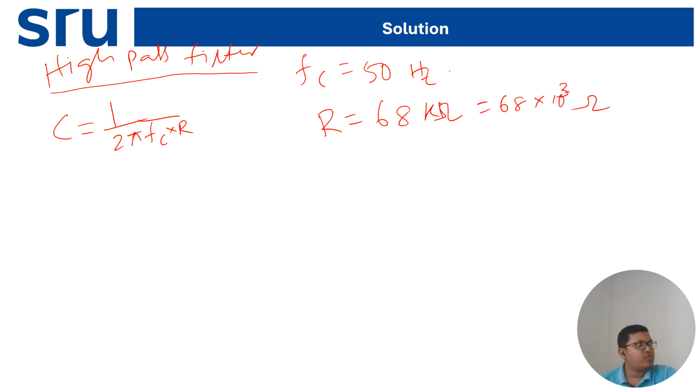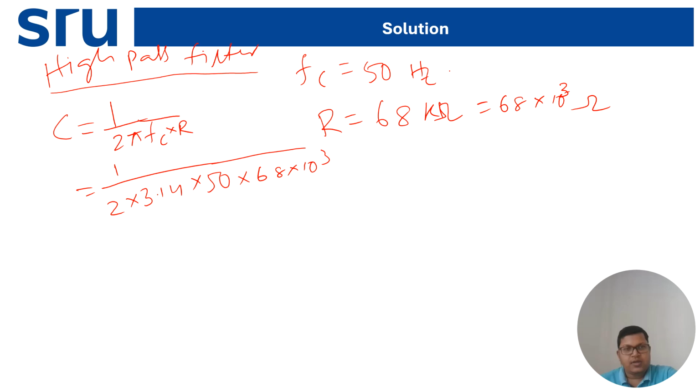So we put all these values here, and this becomes 1 divided by 2 multiplied by 3.14 multiplied by 50 multiplied by 68 into 10 to the power 3. If we calculate, the value will become 0.0468 microfarad, because it is coming in the 10 to the power minus 6 range.